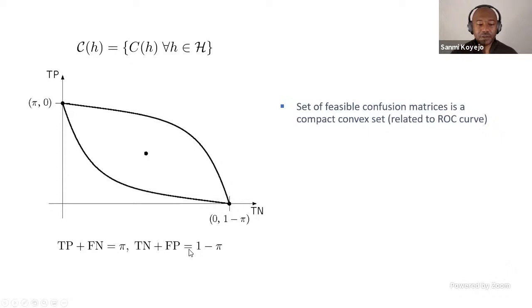Similarly, the true negatives plus false positives have to sum up to the fraction of 0s in the population. This creates linear constraints between elements of a particular column of the confusion matrix, and you can fully describe everything in terms of 2 degrees of freedom. Here we use true positives and true negatives as the axes. You could also use false negatives, false positives, or other pairs of functions as the axes.